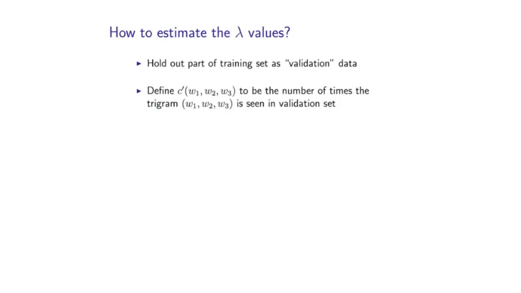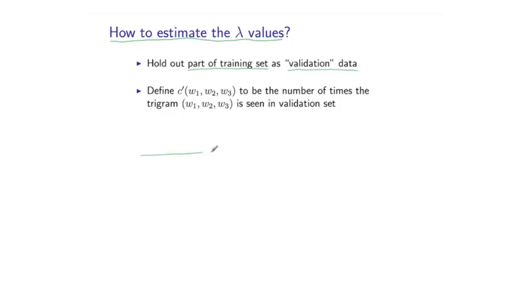So the final question we need to answer is, how do we actually estimate these lambda values? This is generally done as follows. Firstly, we'll take part of our training set, we will take some of the sentences in our training set and hold these out as what is called validation data.